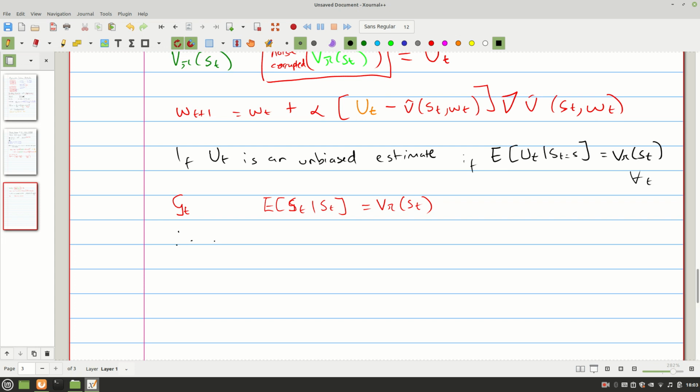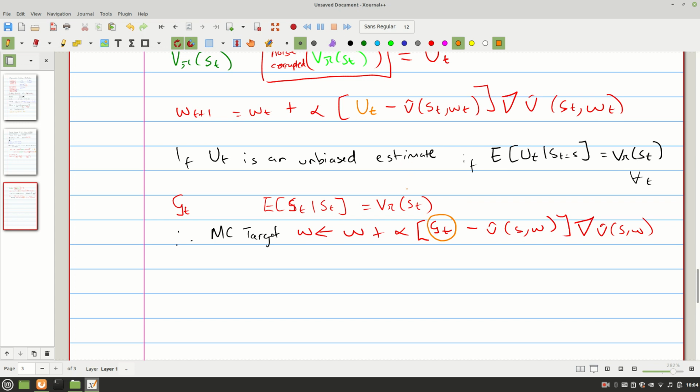Therefore, for the Monte Carlo target, we can write this as W is equal to W plus alpha times GT minus V of S comma W times the gradient with respect to V of S comma W. The reason we can do this in Monte Carlo is because the expected value of GT is V pi of ST, and therefore GT is an unbiased estimate.